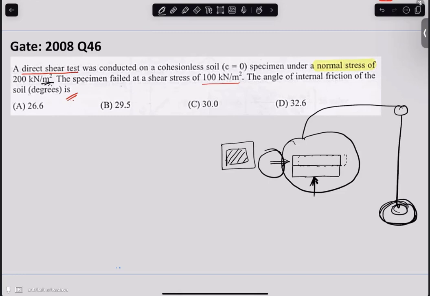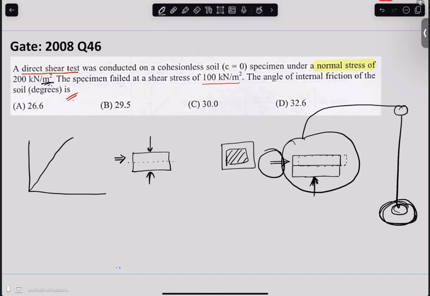Because we are not going much into the detail, but basically what you can understand is this was your soil sample. You applied some normal stress here, and you have a predefined plane of your shear failure, and then you applied shear on the top or on the bottom portion, and you measured the shear strength of the soil.